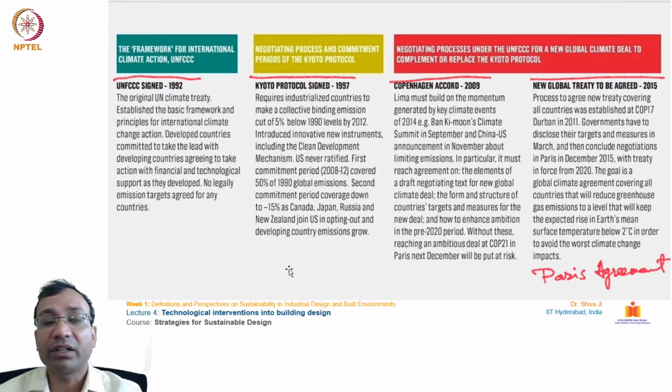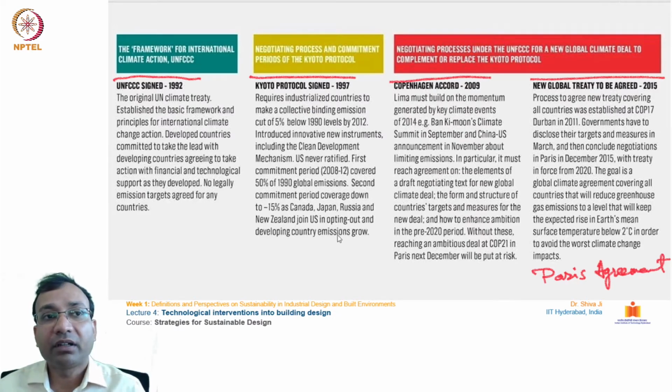But the United States of America never ratified Kyoto. The first commitment period, 2008 to 2012, covered 50% of 1990 global emissions. The second commitment period coverage went down to about 15%, as Canada, Japan, Russia, and New Zealand joined the US in opting out, and developing country emissions grew.